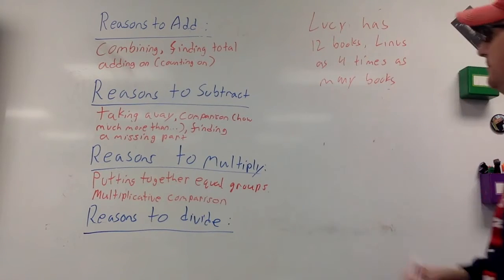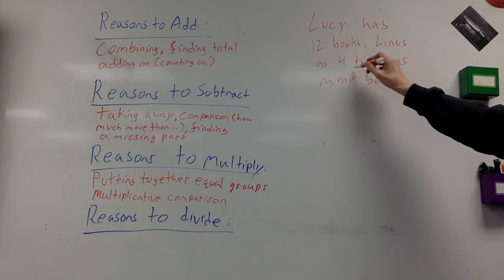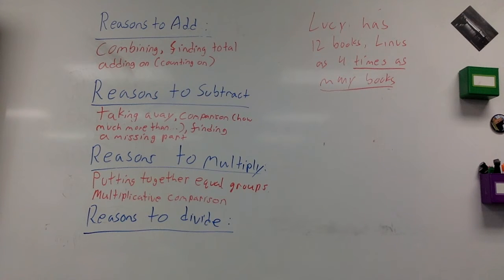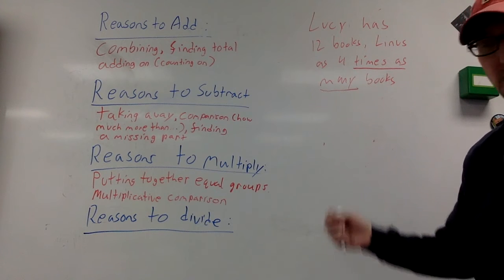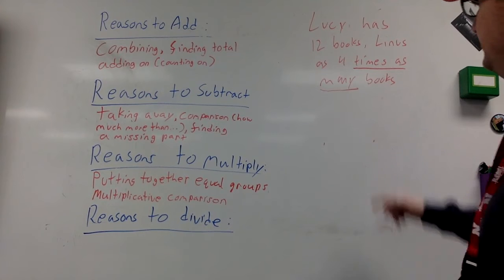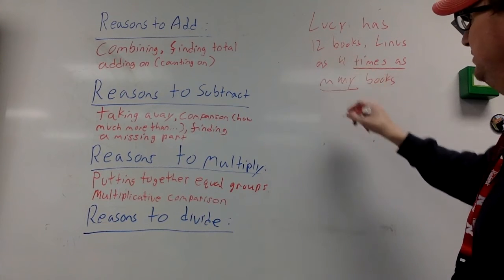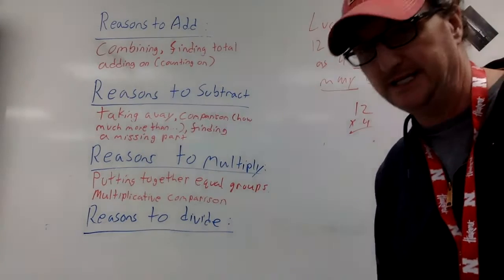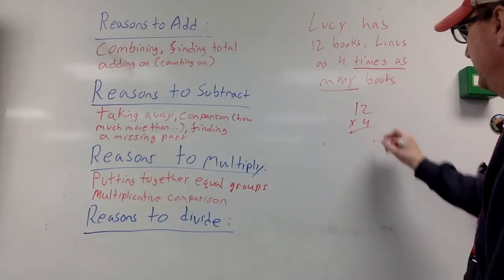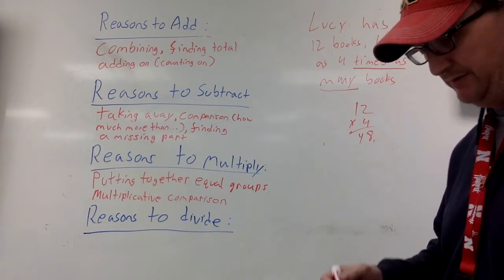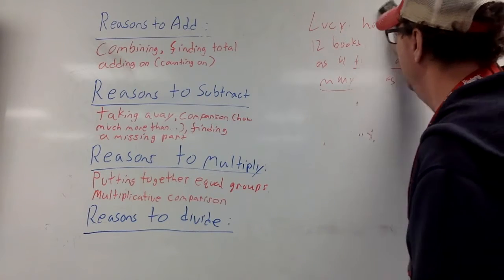You know you're making a multiplicative comparison when you got that times as many. 4 times as many, 4 times more, 4 times as much. That's a multiplicative comparison, right? So if you want to find 4 times as much as 12, well, 12 times 4. If you want to find 4 times as much as anything, you'd multiply it by 4, right? Well, that's 48. So that's multiplicative comparison, which we've been talking about for a long time.